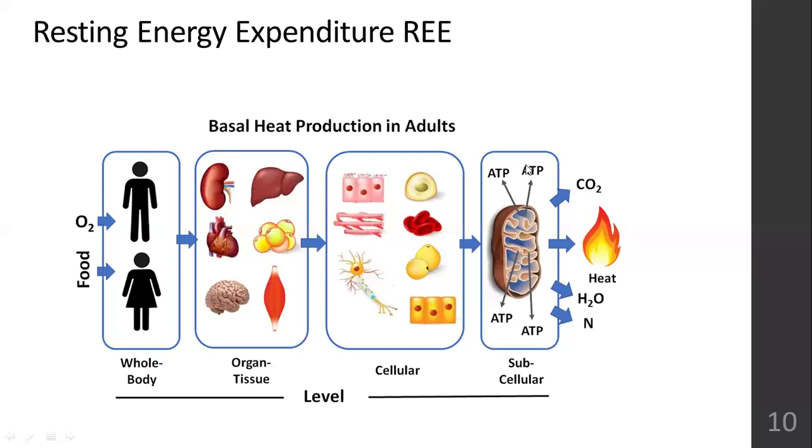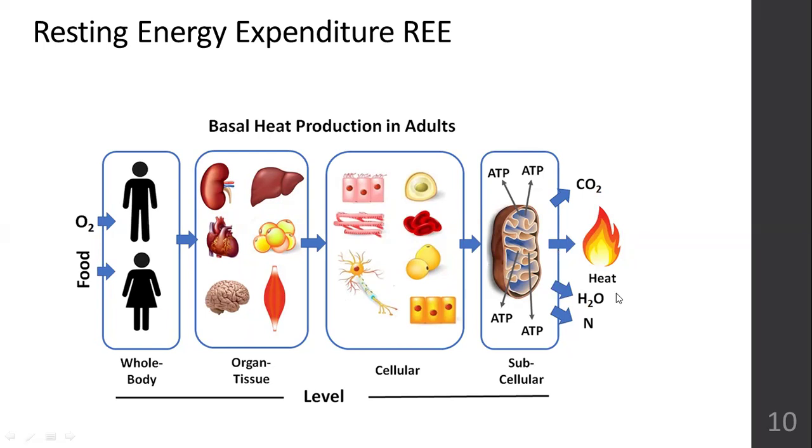But mitochondria does not only release ATP, mitochondria releases other factors as well. That's your carbon dioxide, the heat generated as a byproduct of energy production, metabolic water, and nitrogen released by breaking down amino acids. So at the cellular level, these many things are produced.